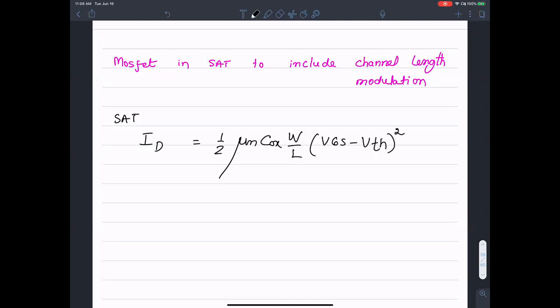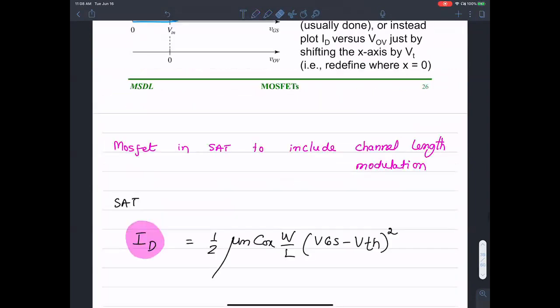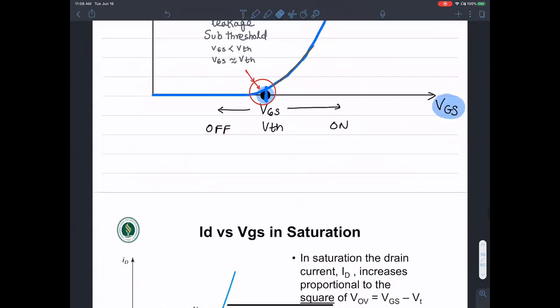Okay, this is the equation that we saw so far. And the argument that I kept making over and over again, to the point of you getting frustrated, was that ID is independent of VDS. There is no VDS term in the saturation region, and that's what gave us the clean straight line over here.